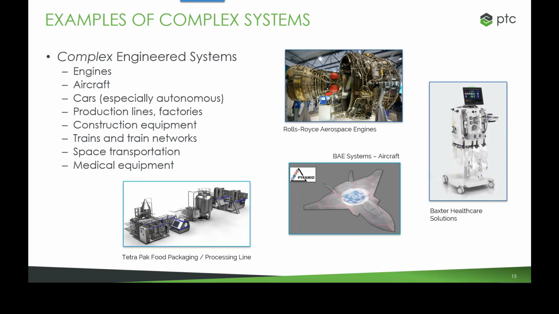All of these areas now have very complex products that are multidisciplinary. They have software, electrical, mechanical components. They may be very expensive, and there may be a safety risk. Most likely there's a safety risk if there's any kind of failure. So in these situations, it really pays for the people manufacturing and designing these systems, these products, to do the very best job they can and make sure that they get their designs 100% correct.